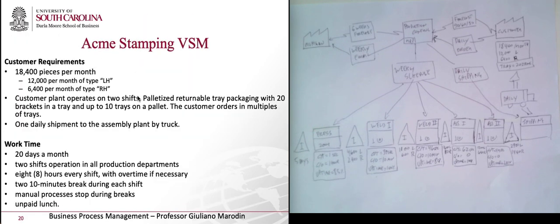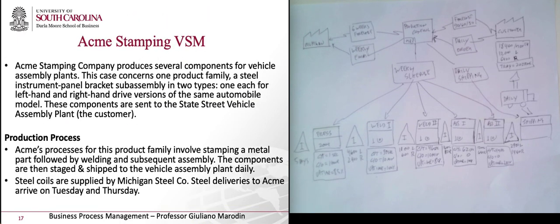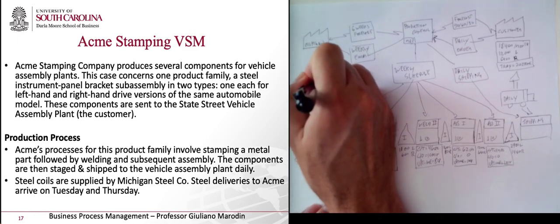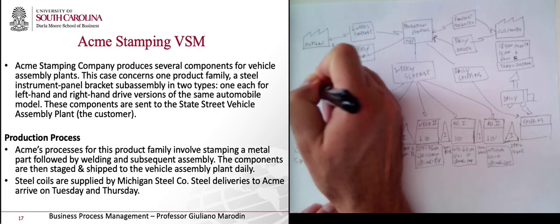So I think we didn't use information here about the supplier. We forgot to put it there on the supplier. The steel coils are supplied by Michigan, delivered to ACME, arriving on Tuesday and Thursday. So we forgot to put that. When I say we forgot, I mean I forgot.